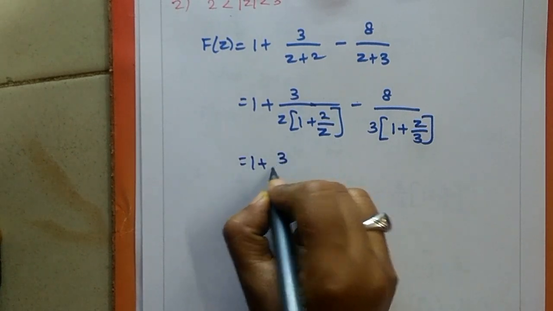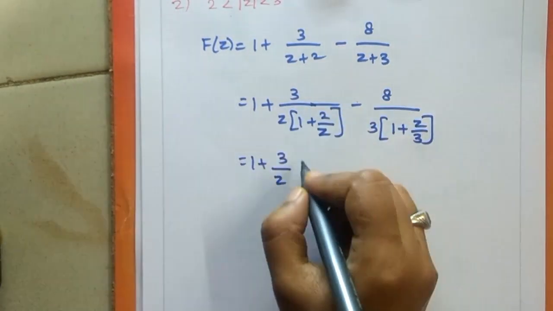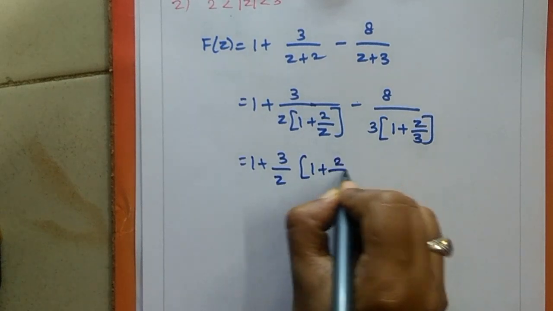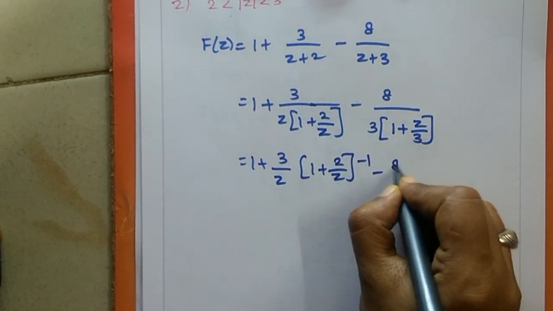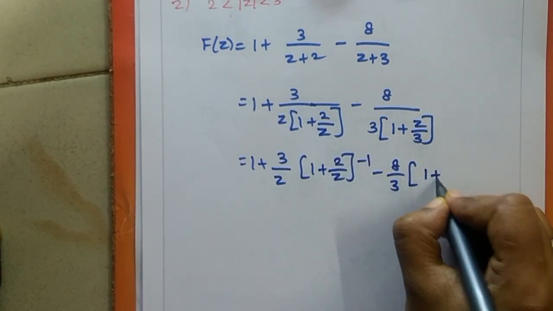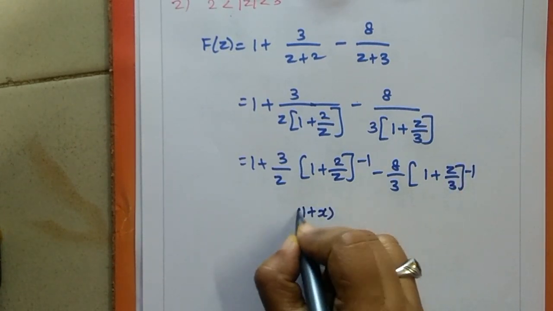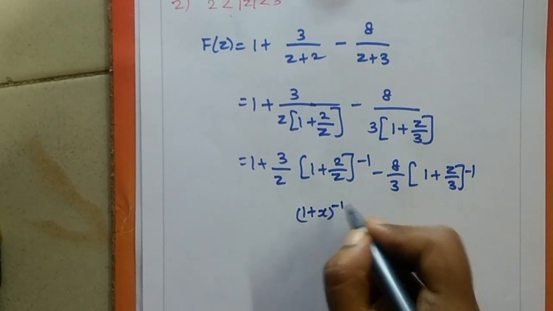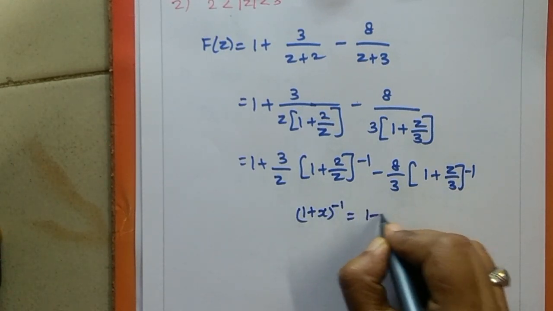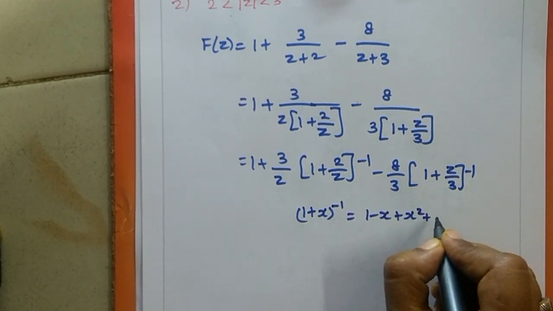Now 3 by z, we take this term reciprocal: (1 plus 2 by z) inverse, minus 8 by 3 into (1 plus z by 3) inverse. It looks the same as the formula for (1 plus x) inverse. We know this is 1 minus x plus x square and goes on.